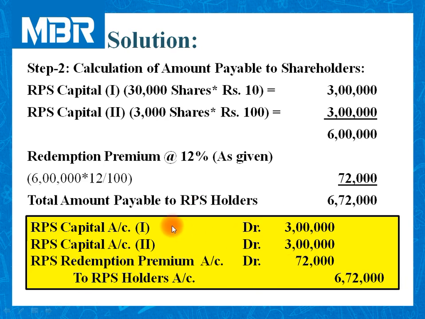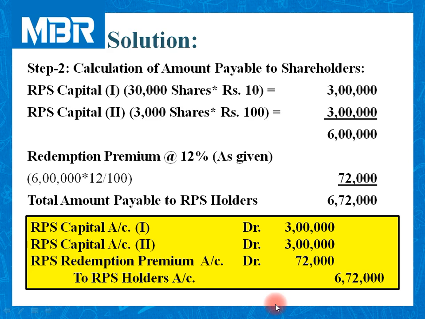Again I repeat, it is not necessary to mention RPS Capital 1 and 2 separately. In a few books, they used to debit RPS Capital account 6 lakhs. So 3 lakhs plus 3 lakhs, in total it is 6 lakhs. So ultimately it is one and the same. So don't get confused if it is directly written as 6 lakhs.